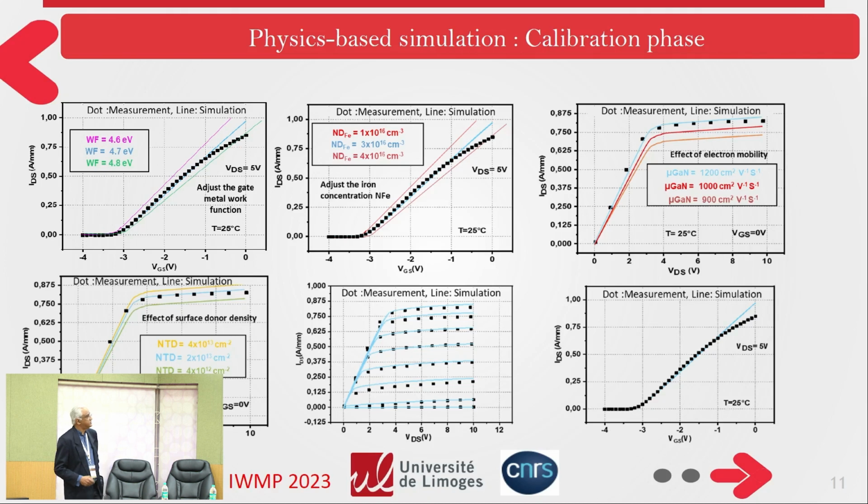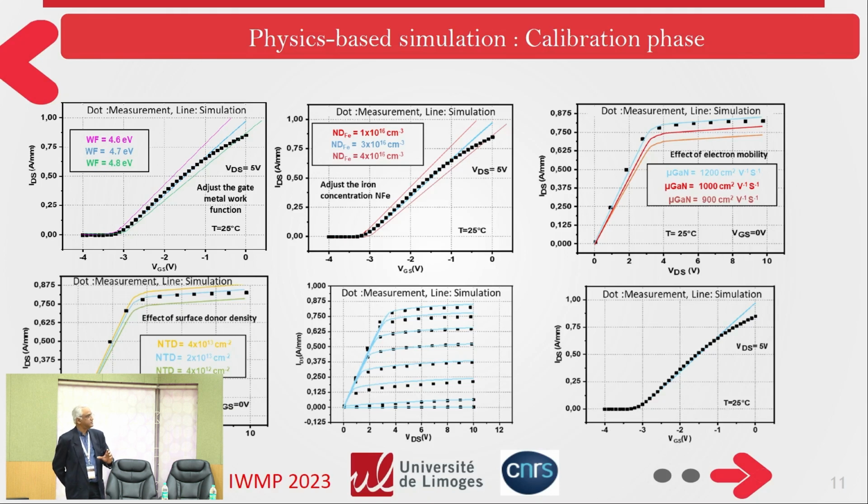As you can see, the first thing is to make the calibration phase, so we have to adjust the essential parameters. In our case, we adjusted the gate metal work function, the donor concentration and the electron mobility. That is the first thing you have to do, and also the surface donor density, in order to obtain, as close as possible, the IV simulation result matching the measured data.